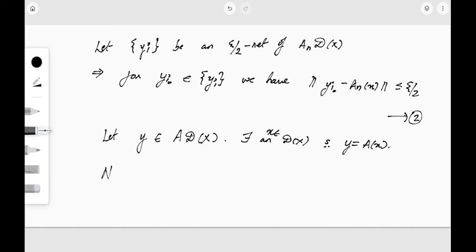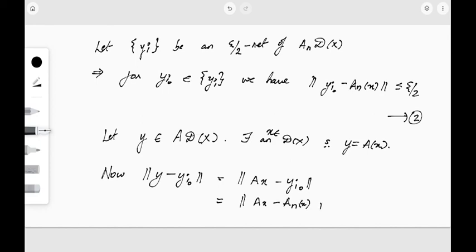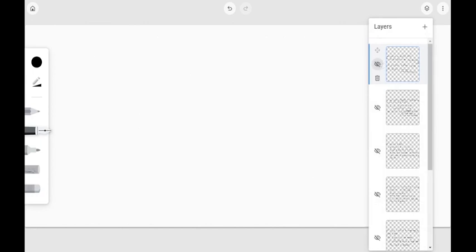Okay, so now let's see what happens to norm y minus y_i dot. Y is nothing but A of x minus y_i dot, and now I'm going to add and subtract A_n of x: A of x minus A_n of x plus A_n of x minus y_i dot. Okay, and by the property of norm, what do we get?